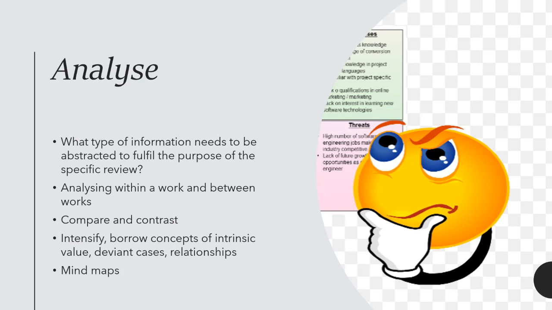But as we get to the literature review chapter, our reading becomes much more focused. Then we start to borrow concepts of intrinsic value, or we might look for deviant cases, we might look for relationships, we might identify new concepts, new constructs. So it is always a process that grows. Remember last night we said it's not a linear process.